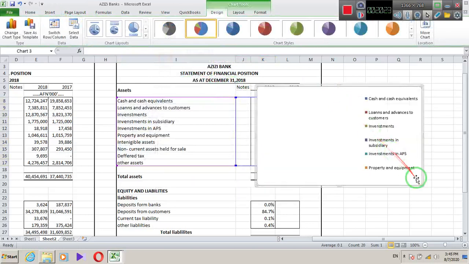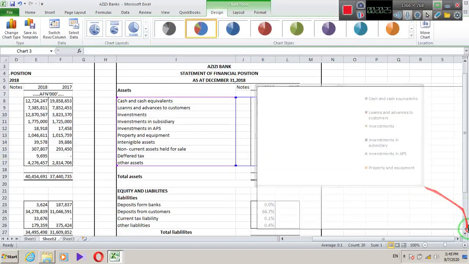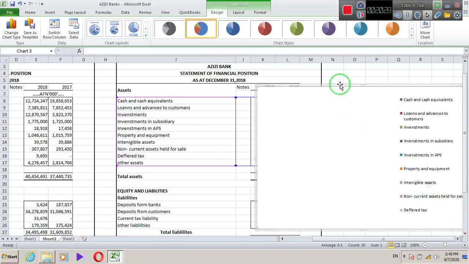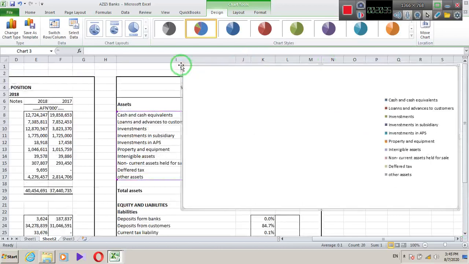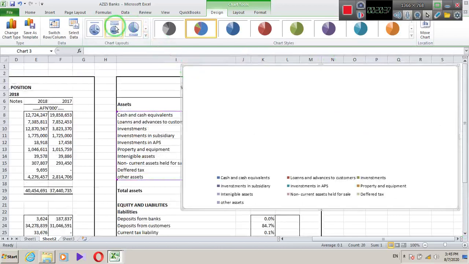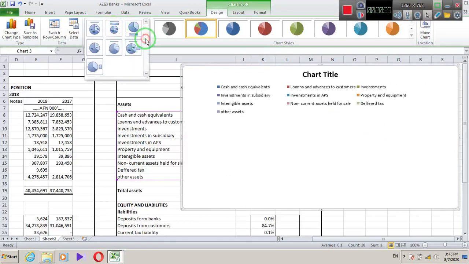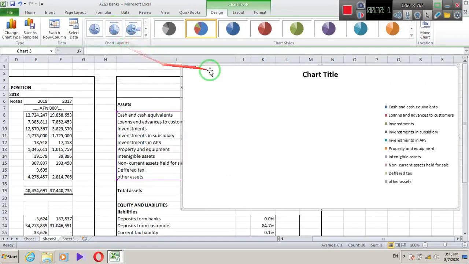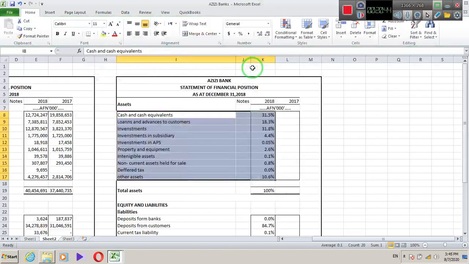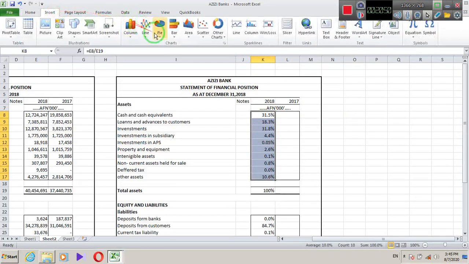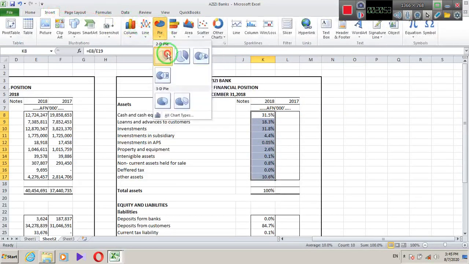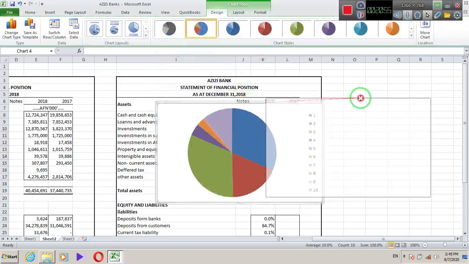Why is it not showing? There must be some problem with it. So let's first select this, insert pie chart, this pie chart. So it's showing.